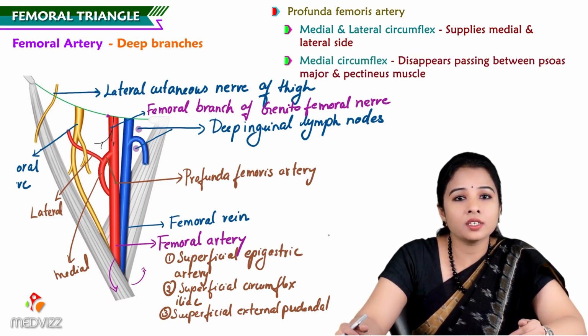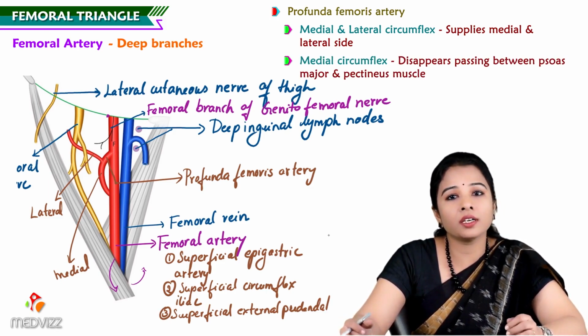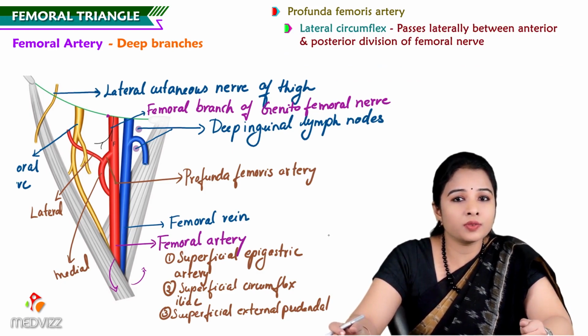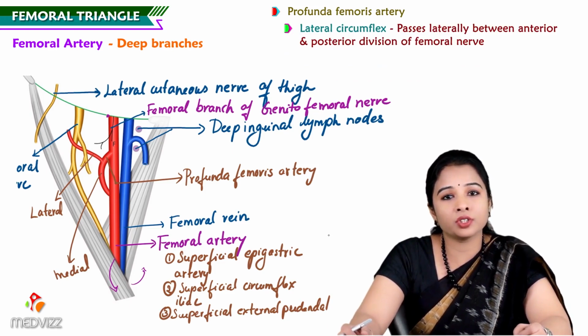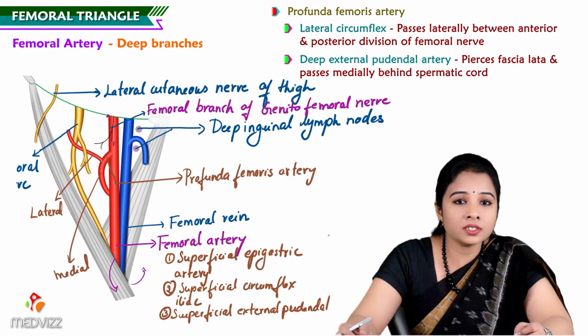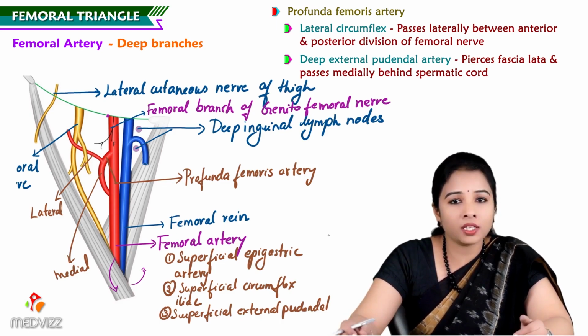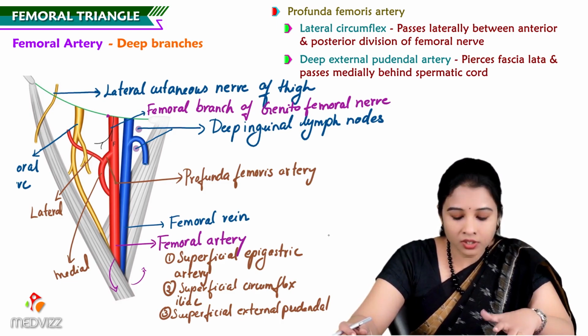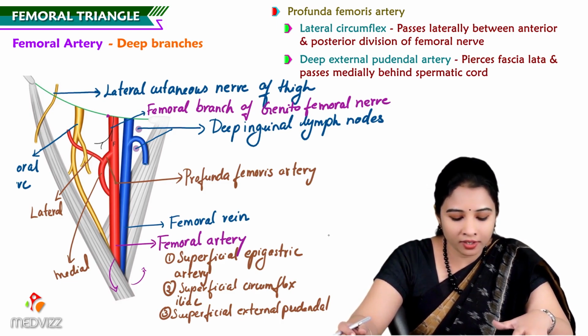The medial circumflex disappears passing between the psoas major and pectineus muscle, and the lateral circumflex femoral artery passes laterally between the anterior and posterior division of femoral nerve. The deep external pudendal artery pierces the fascia lata and passes medially behind the spermatic cord. So that is about the deep branches of the femoral artery.